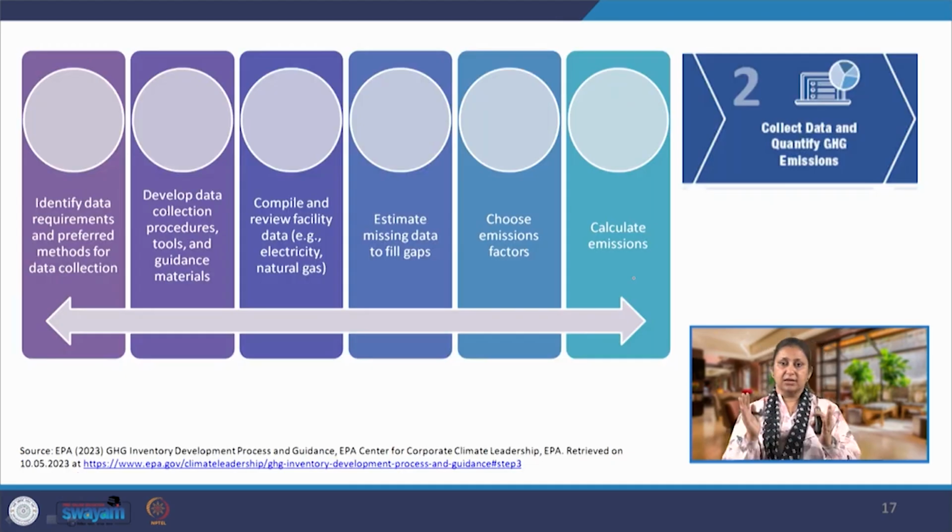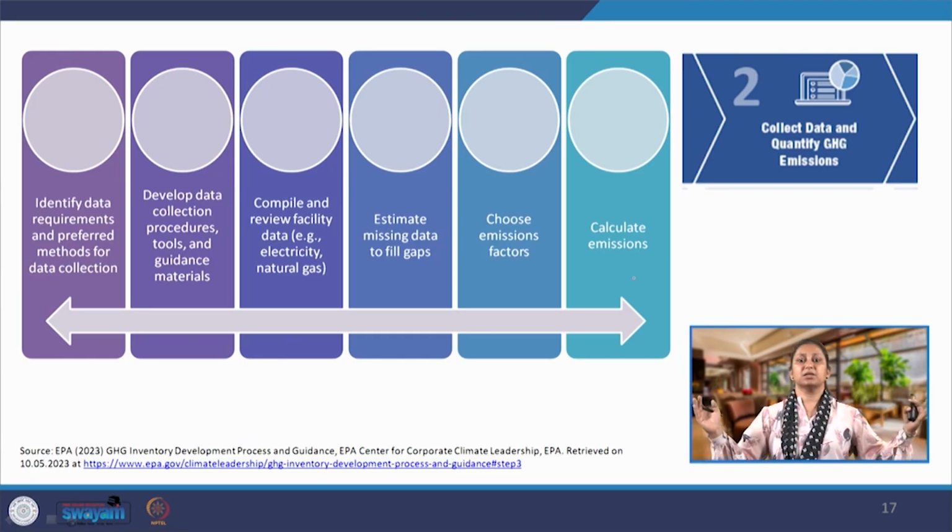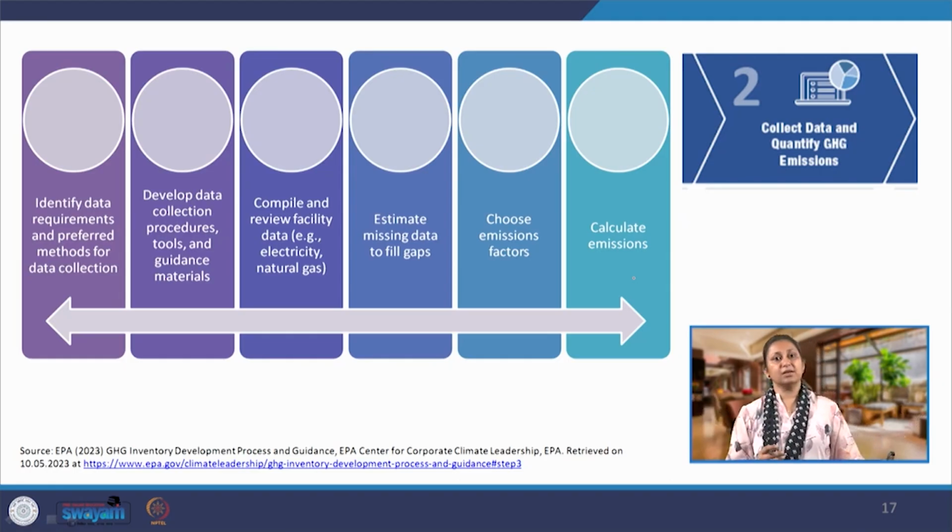Once we have identified the base year and we have set the organizational boundary, which implies that we have already identified the inventories, because we know the organization, we know all the assets, all the resources that the company owns or controls or has an equity in, we know the inventories that will go for each activity and for each asset.